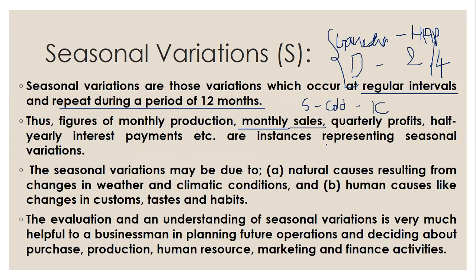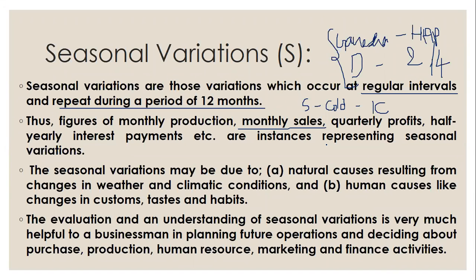There will be a mango mela, some food mela where mangoes are important. So that is one cycle. Then in monsoon season people like more spicy food, so we incline towards spicy food. Then again it is winter, and in winter we like something hot to eat.